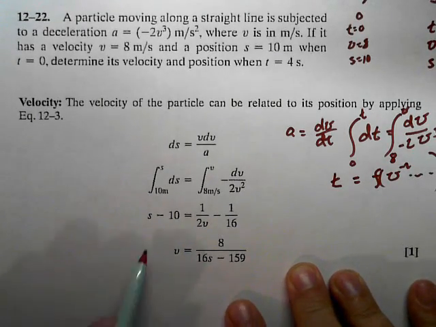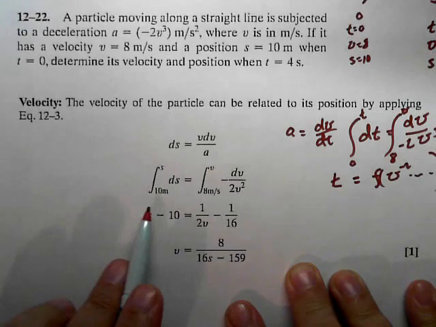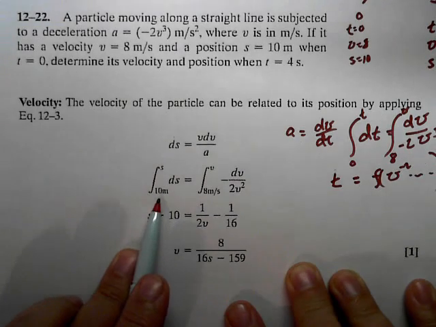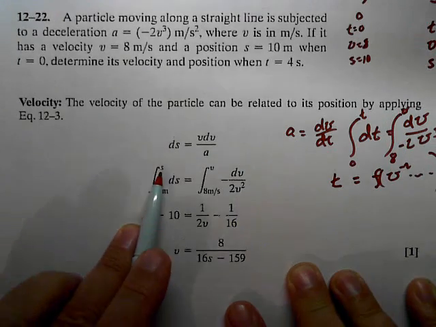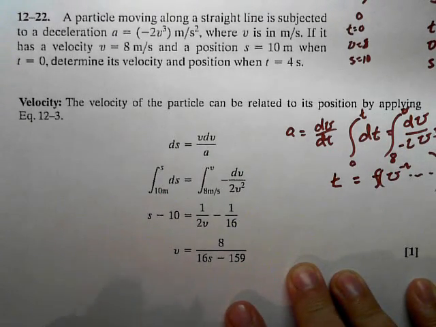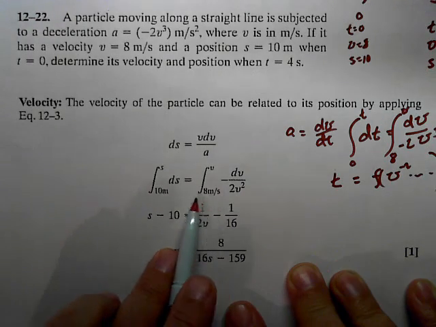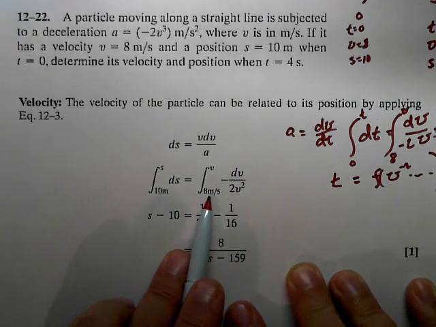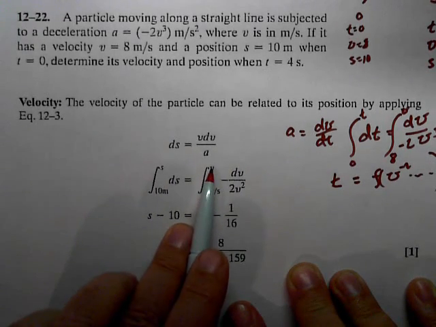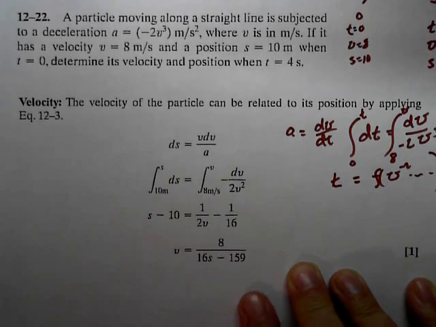Now, being very careful, our beginning s will be the starting s, which is 10. That was given as part of the data. Our upper limit on s is just an indeterminate s. Now, the v that corresponds to s equal 10, and both of these correspond to t equals 0, was the value of 8 meters per second, integrating to an upper limit of an indeterminate v.